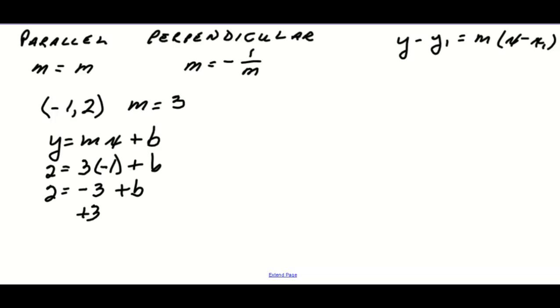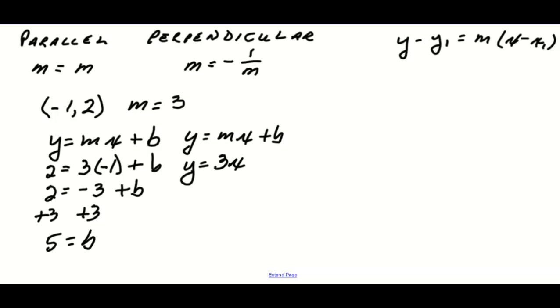Adding 3 to both sides, I now get 5 equals b. So going back to our formula y equals mx plus b, I now substitute in and I get y equals 3x plus 5. And if you use the approach that we have with that formula in the upper right hand corner, you would get the same answer.